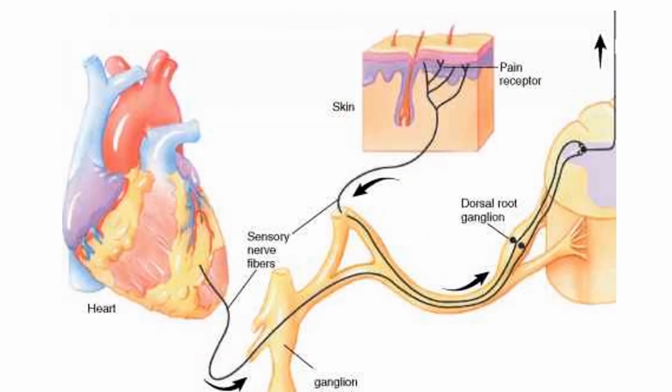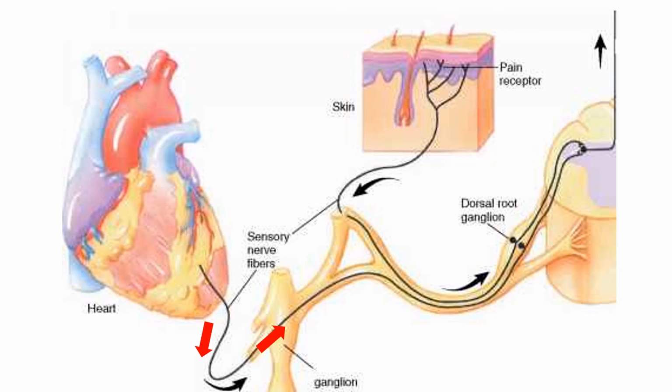Here is the story of pain coming from the heart. When angina or anoxia of the myocardium takes place, pain is going to be produced. It is carried out by the sympathetic nervous system.